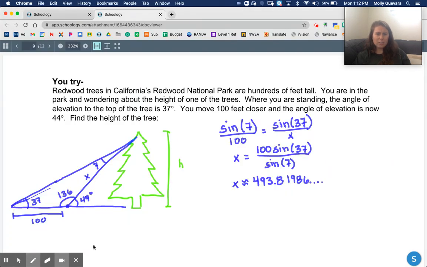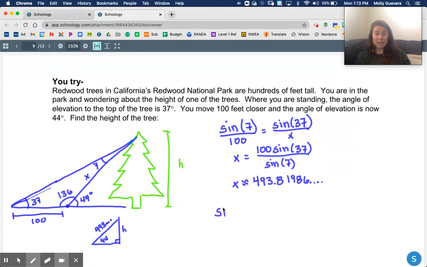And now I have a right triangle. So if I were to draw it on its own, this is 493, blah, blah, blah, and this is 44, and I want to know this. So I have opposite and hypotenuse. That's sine, right?